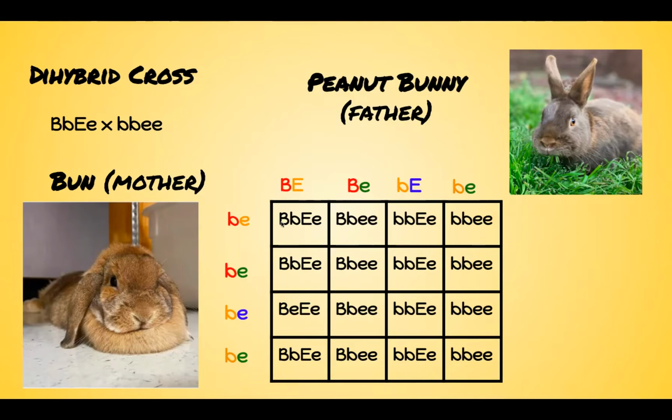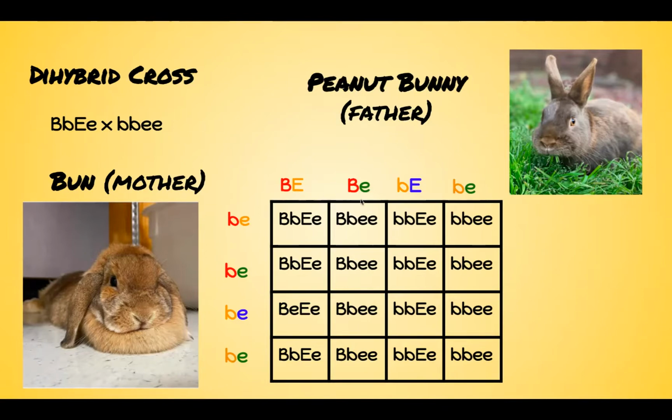So all you have is one of each, that's easy. And since Bun is homozygous, it's very easy because we just add everything the same, all columns. So this combination is going to be the same here, here, here, and here. So that whole column is going to be the same because all of hers are the same.